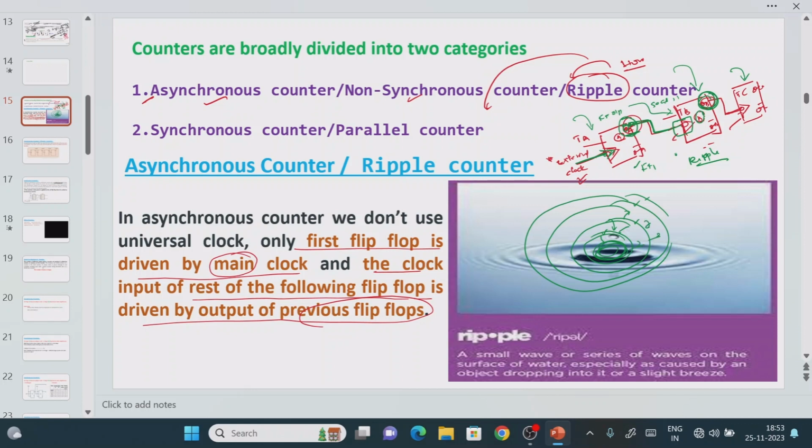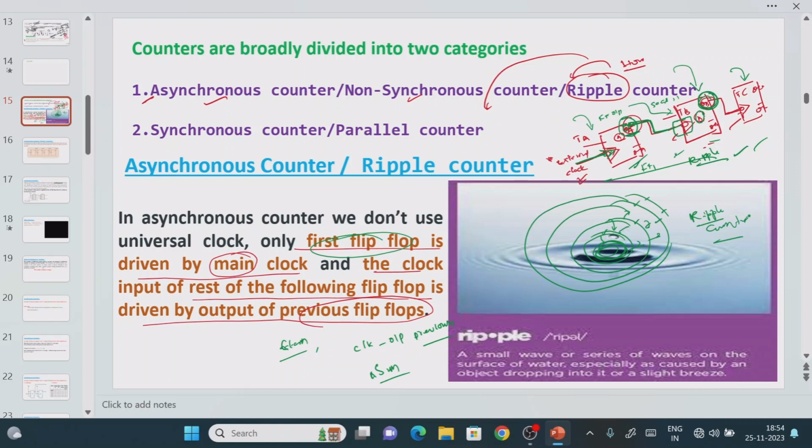Due to the previous one, we will be getting the next level. That is why it is called the ripple counter, right? It means that at a time it won't produce the outputs together; they come one after another. So if the first flip-flop is triggered by the external clock pulse and the remaining flip-flop clock pulses are the output of the previous flip-flop, then it is called the asynchronous counter.